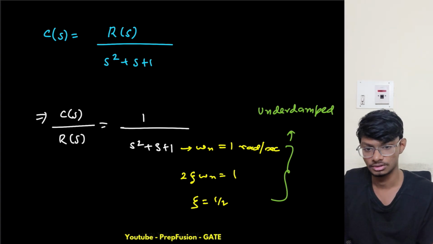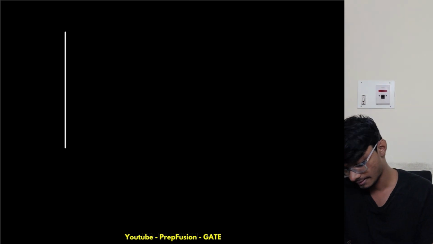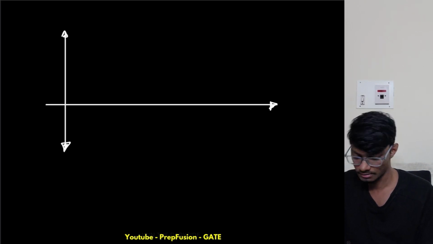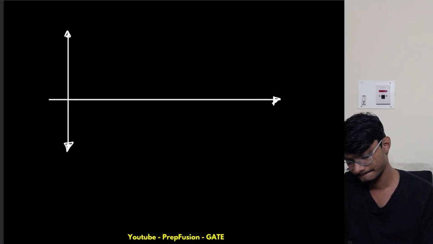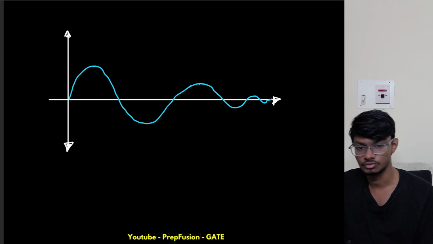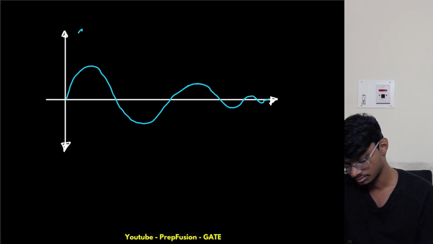So my impulse response will look something like this. It will start off oscillating, and it will go to 0. This is how my impulse response C of t will look.